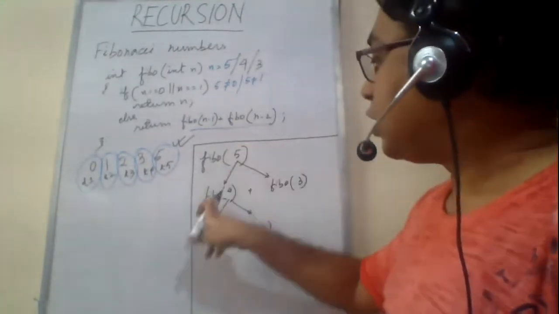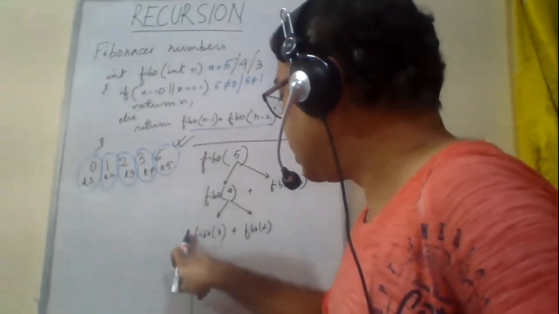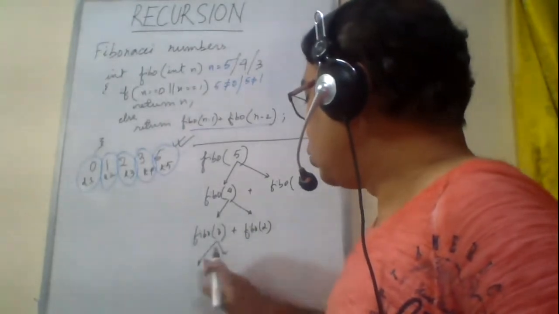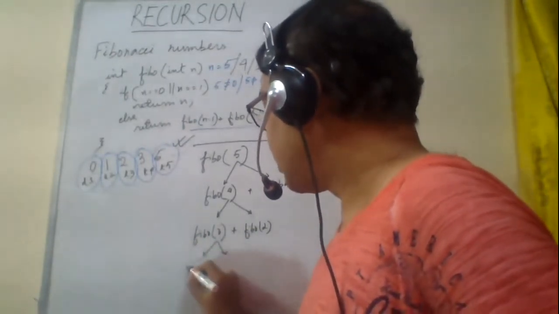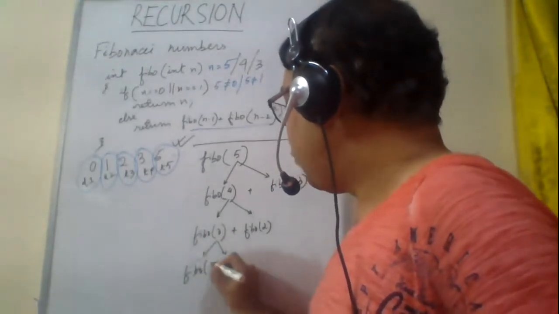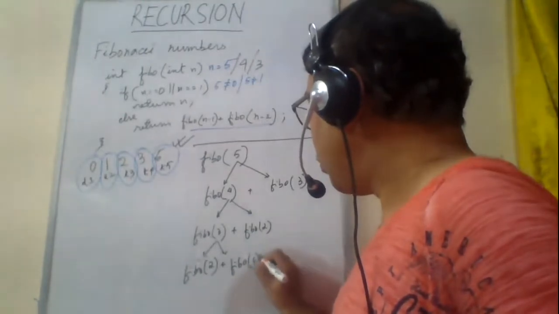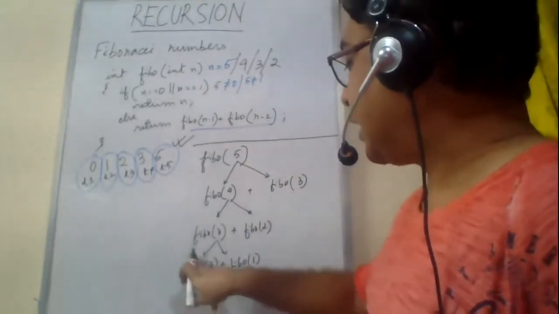I am going with the left hand side of the tree. Let me erase this one. Now Fibo of 3 is doing again two function calls: Fibo of 2 plus Fibo of 1. Now I am passing 2, again taking the left side.